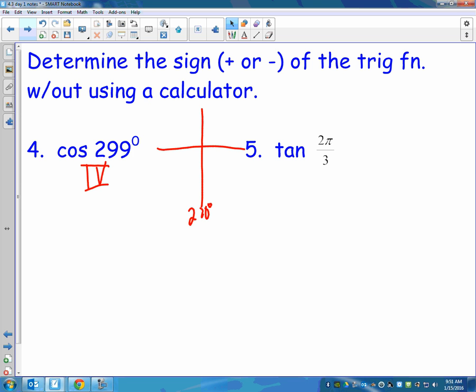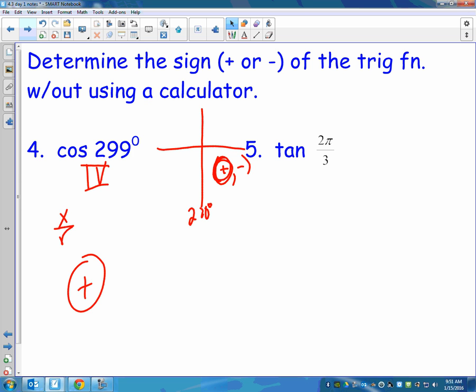You don't necessarily have to show me a lot of work, but I'm just going to show you my thinking as I go through this. For cosine, I think about x over r. In quadrant 4, the x coordinate is positive, which means that the cosine of 299 degrees is positive. I don't care what the value is, I just want to know whether it's positive.